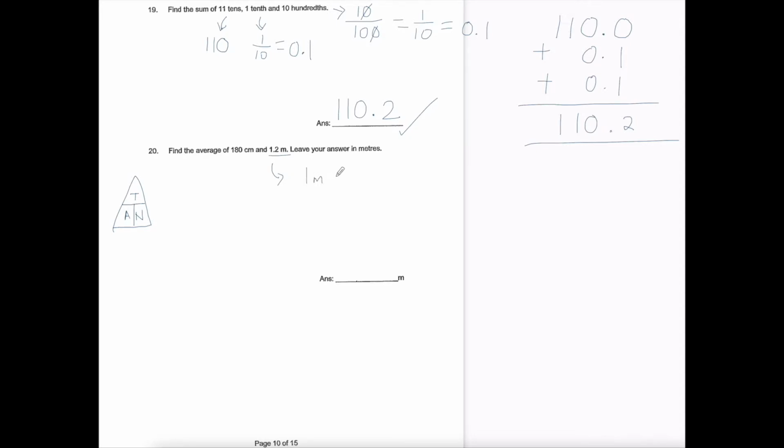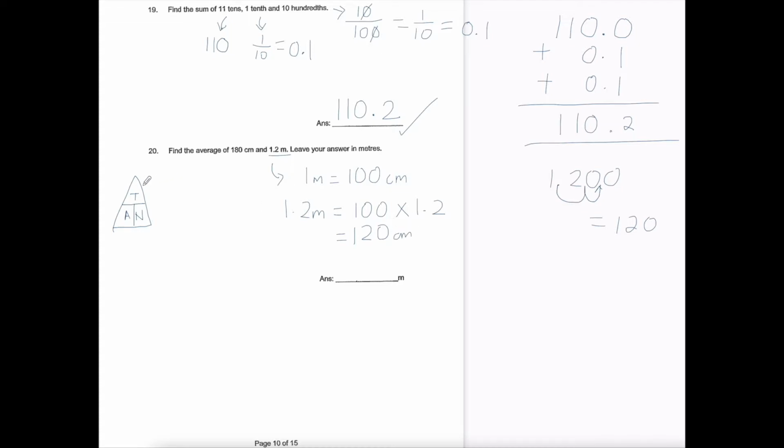So 1 meter equals 100 cm. 1.2 meters equals 100 times 1.2. Okay, so let's do the working here. 1.2, I'm going to add a few zeros here so we can shift our decimals by two zeros. So 1, 2, we shift it by 2. So I'm going to get 120.